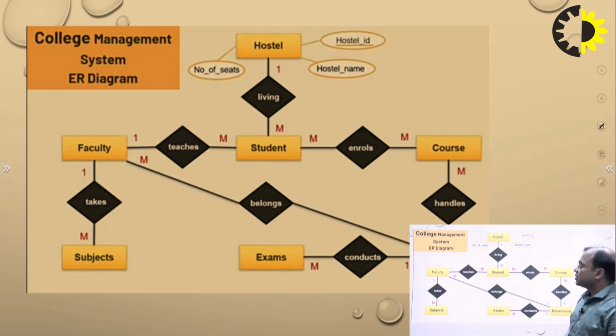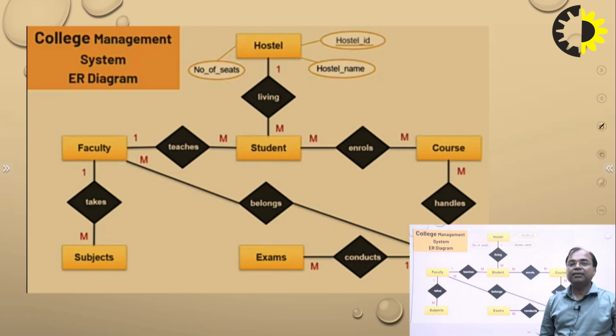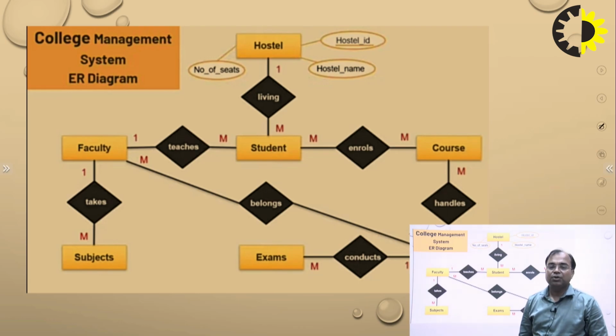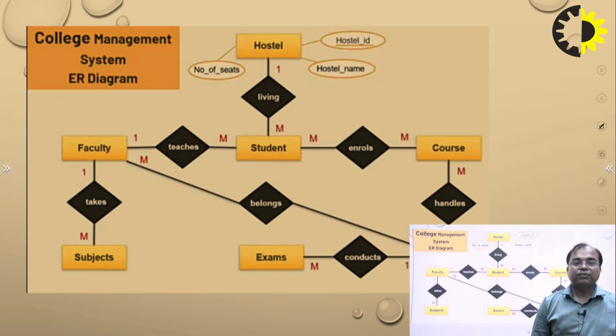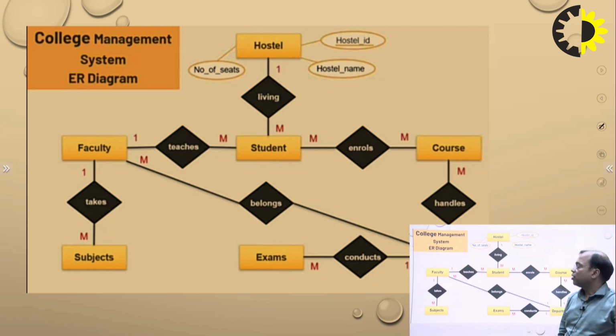So these are the attributes of this hostel. There are two important things: one is entity, another is attributes. Every entity must have many attributes. Attributes also depend on what we are going to draw, that is, what your requirement is. According to requirement, we can have many attributes for all these entities. Clear?